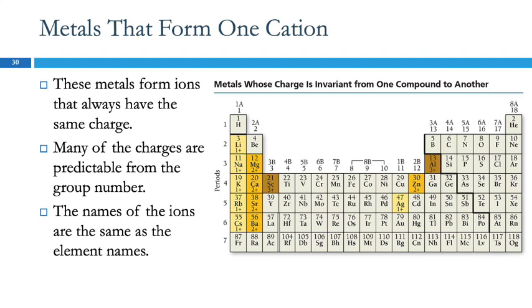Okay. So this periodic table is showing us the metals that always have the same charge. And so here we have the metals in group 1, plus 1. The metals in group 2, plus 2. What about beryllium?